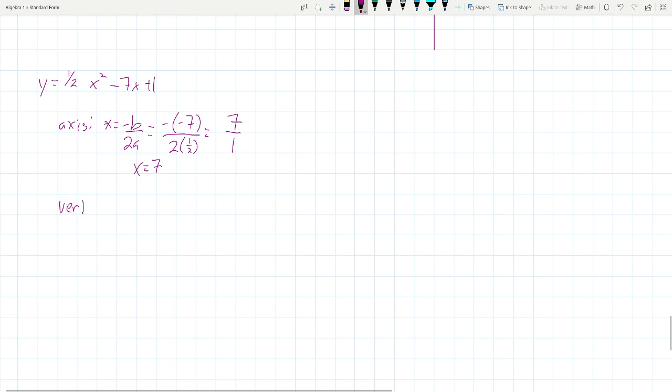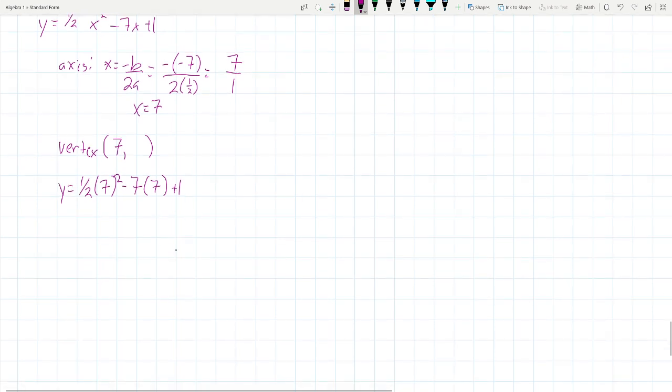My vertex, the x value of my vertex is 7. And then I need to plug in a value. So I go y equals 1/2 of 7 squared minus 7 times 7 plus 1. So y equals 1/2 of 49 minus 49 plus 1.